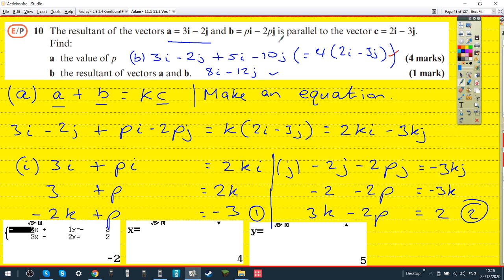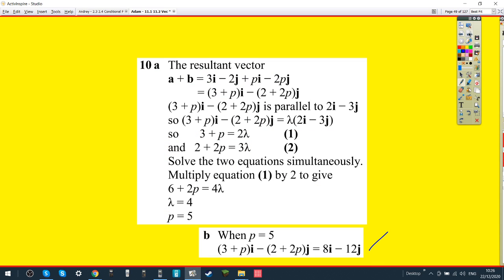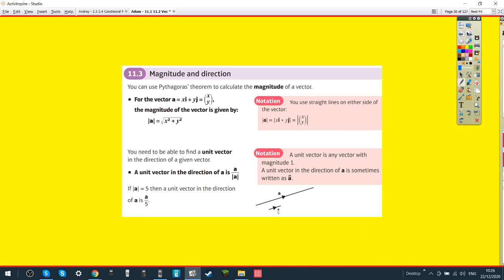And so this A plus B is 4 times bigger than C. C is 2 right, 3 down. These two added together are 8 right and 12 down. Any question with that? Nope. We're finished that one.